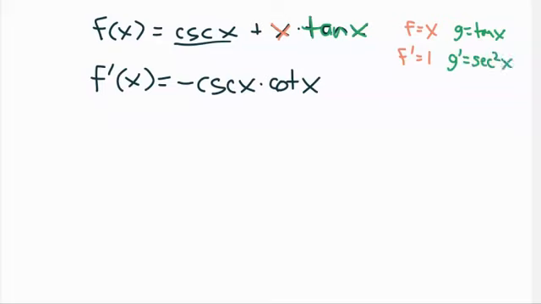And so now we're ready with our pieces of product rule. So first times the derivative of the second: x times secant squared of x. And then plus the other two multiplied together, so tangent of x times 1.